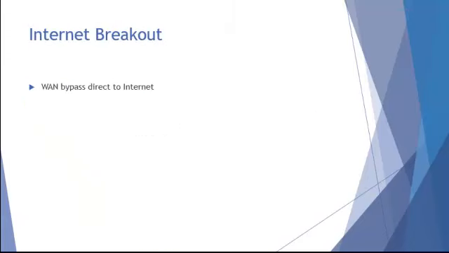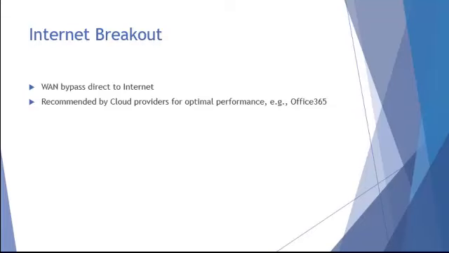So the benefit of this Internet Breakout configuration is first it's characterized by you bypassing your WAN to connect directly to the Internet. And it's actually recommended by major cloud providers, including Office 365, for example, for optimal performance, so that you can connect to the site to which you are closest and enable that improved performance.